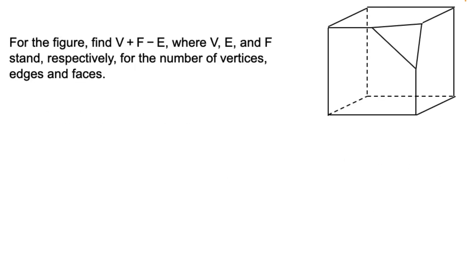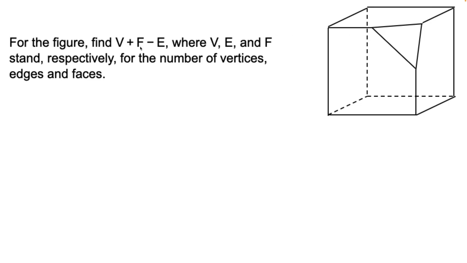Okay. For this, can you find v plus f minus e? Without even examining, we know that it will be 2. But let's examine that. How many vertices are there? 1, 2, 3, 4, 5, 6, 7, 8, 9, 10. So 10 plus how many faces? We have all around 4, 5, and 6, and we have one more here, 7.